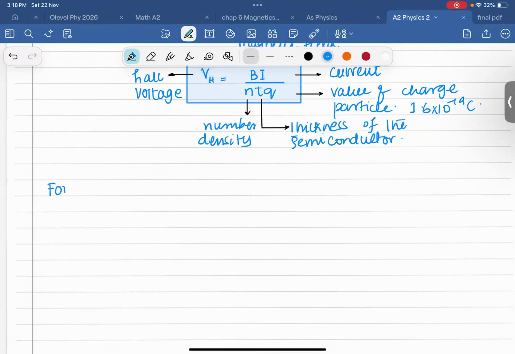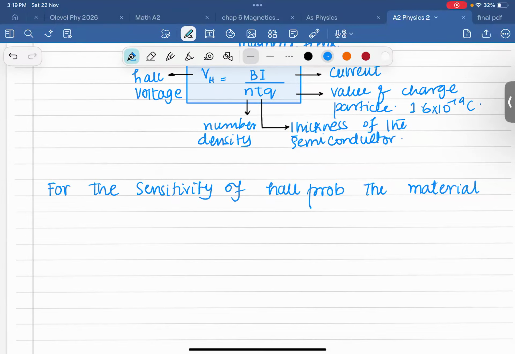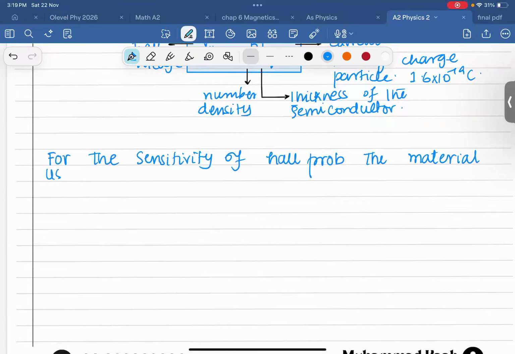For the sensitivity of the Hall voltage of the Hall probe, the material used should be semiconductor and not conductor.